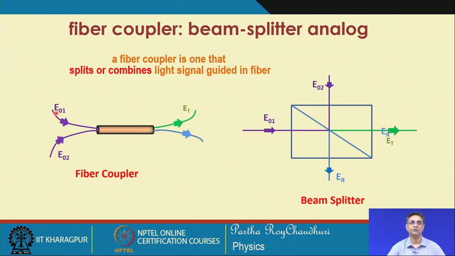The other way around, if this is the input port, then the port constituted of the same fiber will be the transmitted or throughput port, and this will be the coupled port.